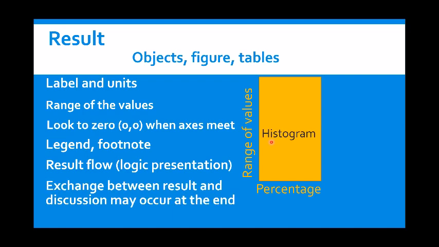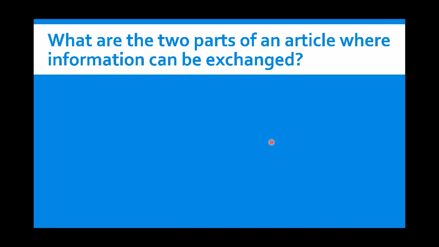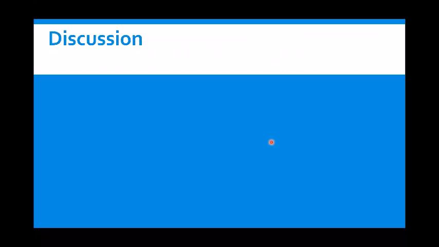You always will have an exchange of information between the results and discussion. And the question here, but I already answered it: what are the two parts of an article where information can be exchanged? The answer is the result and the discussion. So let's move to the discussion.